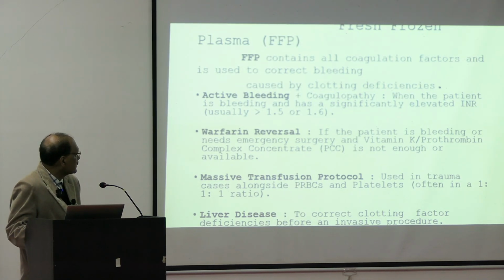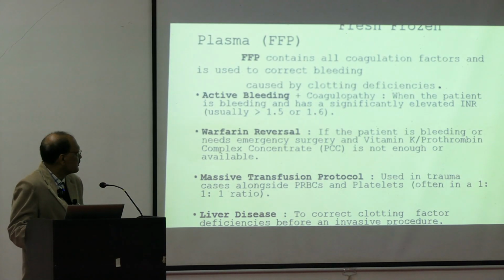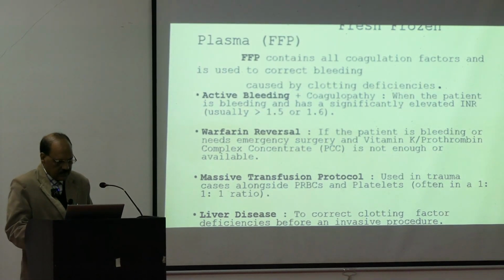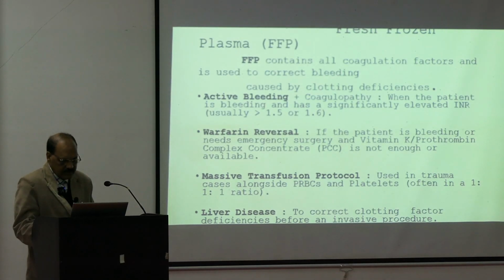When the patient is bleeding and has a significant elevation of INR, usually more than 1.5. Normally it is 1; the ratio should be 1. But if it is more than that, 1.5 or 1.6, in that case we are expecting active bleeding and coagulopathy. So fresh frozen plasma has to be given in those patients.